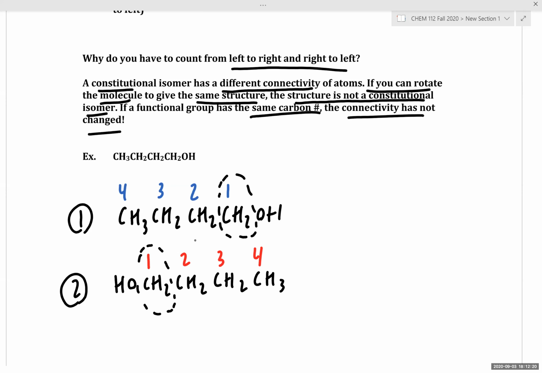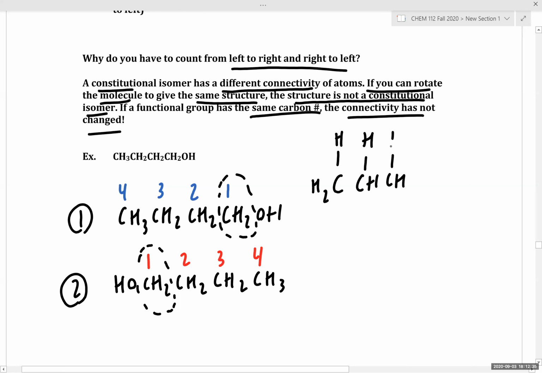To show how we'd actually generate a constitutional isomer, I'm going to write this out and explicitly draw one of my hydrogens for each of these carbons. I know it seems like a bit of an odd way of drawing.